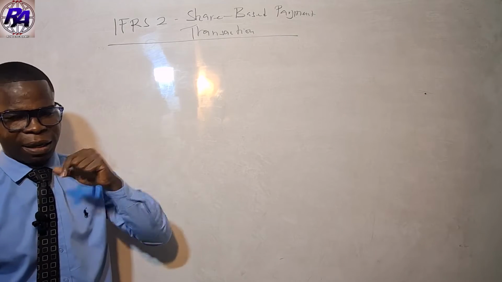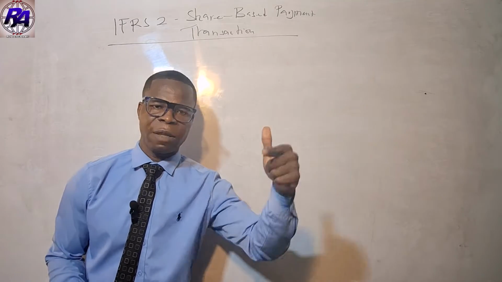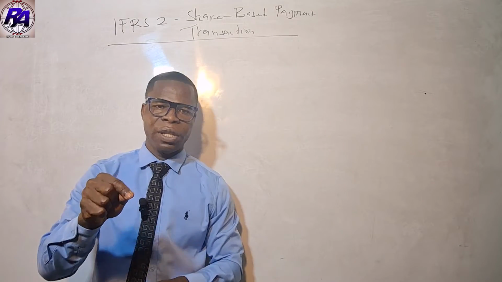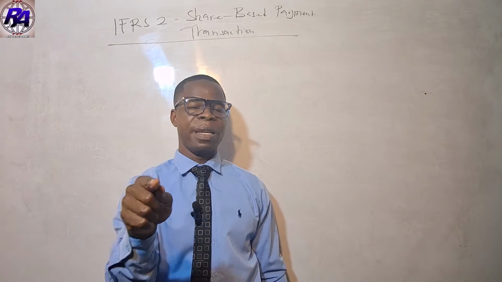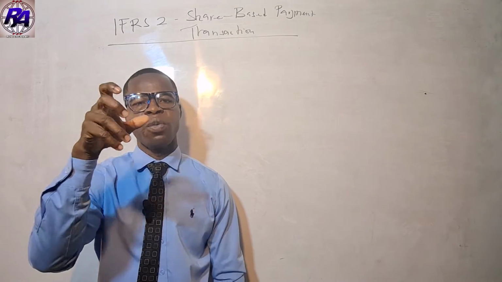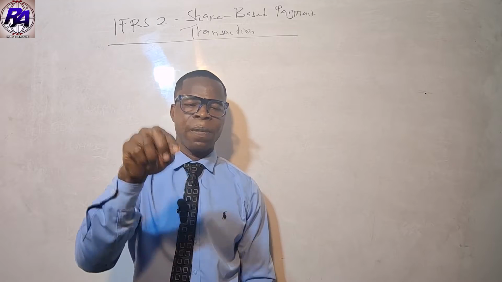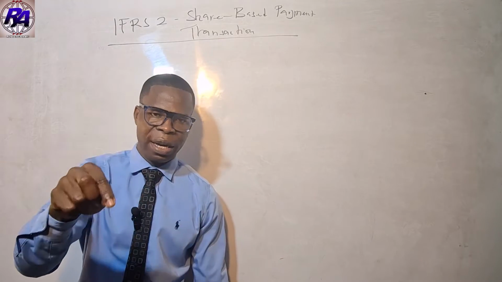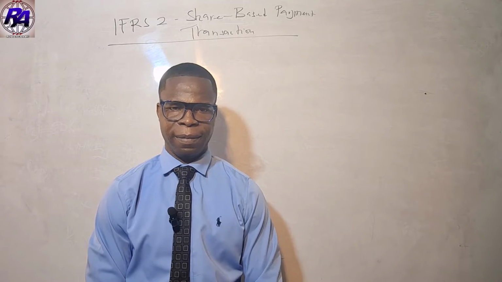Why this standard? When an employee works for an entity, that employee is paid salaries, wages, some remunerations, bonuses, and incentives. And when that happens, the entity recognizes such transactions in its financial statements.